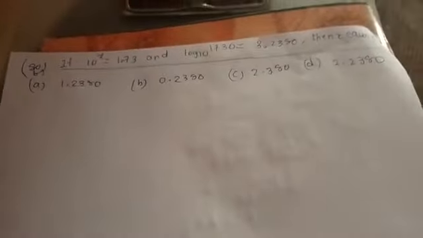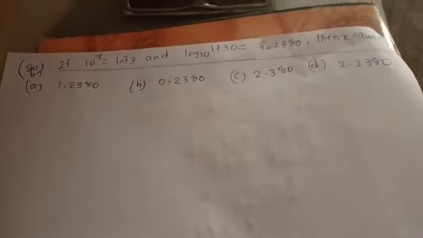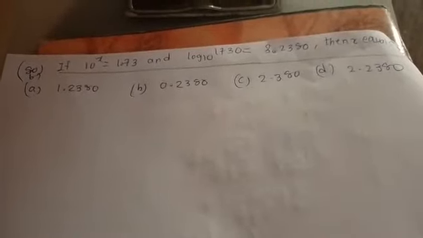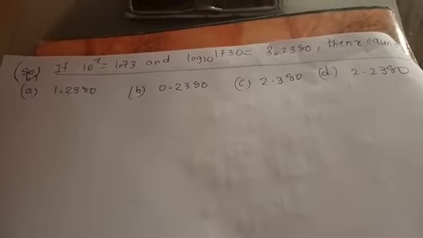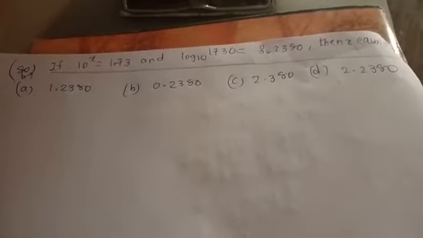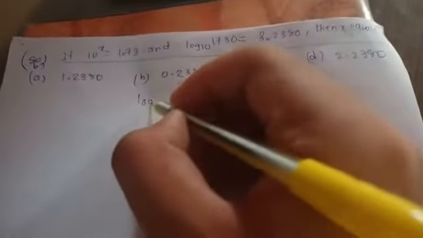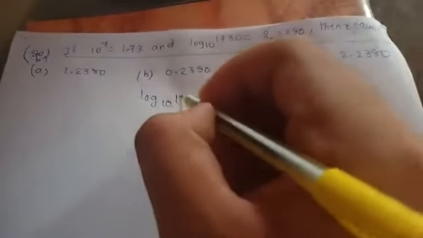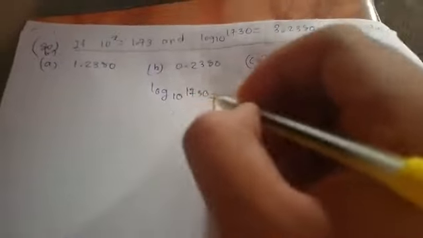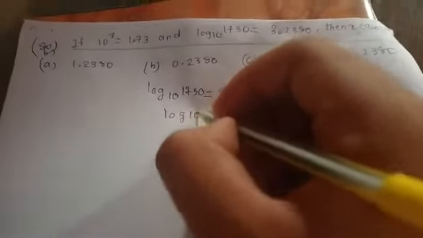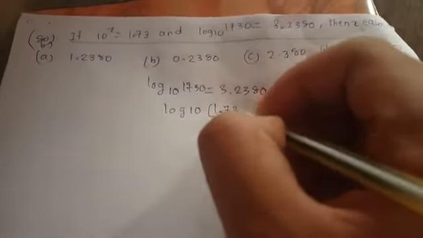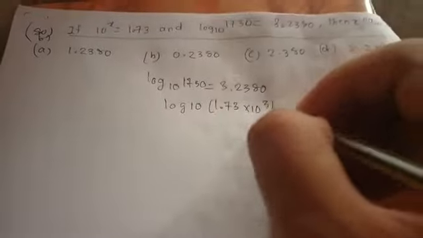Now the last question, if 10 raised to x is equal to 1.73 and log 1730 base 10 is equal to 3.2380, then x equals. First we write this term, log base 10 of 1730 is equal to 3.2380. Now 1730 can also be written as 1.73 into 10 raised to 3.